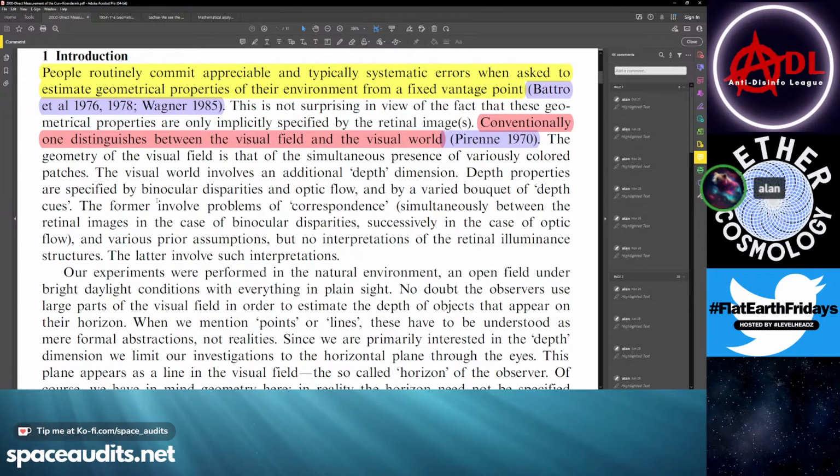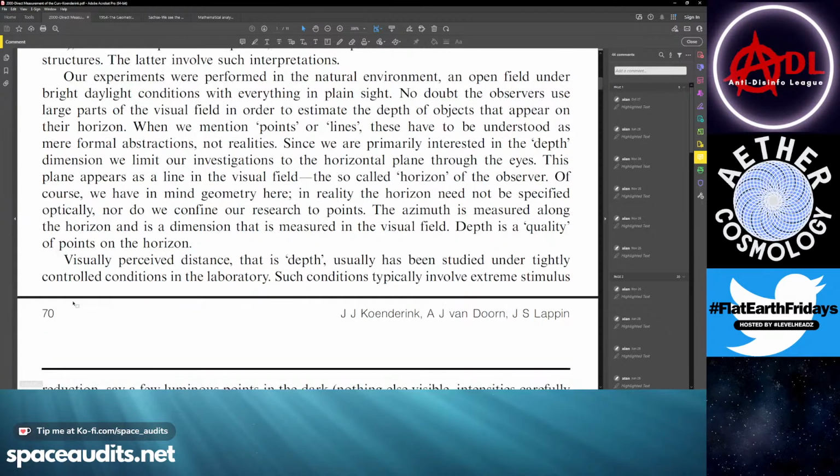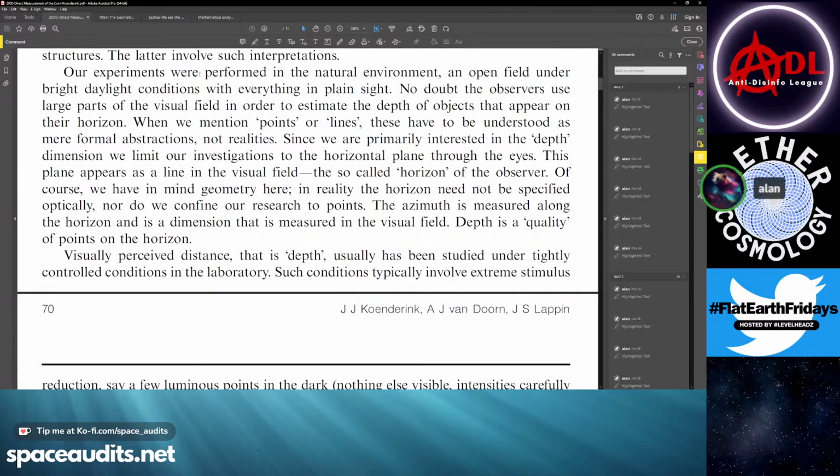The former involve problems of correspondence simultaneously between the retinal images in case of binocular disparities, successively in the case of optic flow, and the various prior assumptions and interpretations of the retinal luminance structures. The latter involves such interpretations. Our experiments were performed in a natural environment, open in a field.